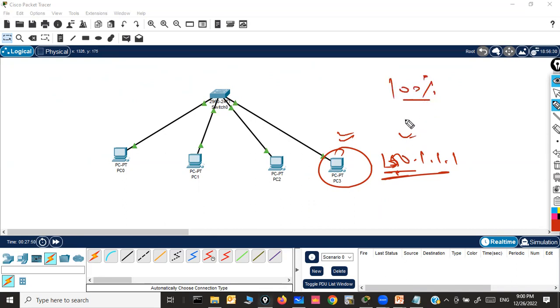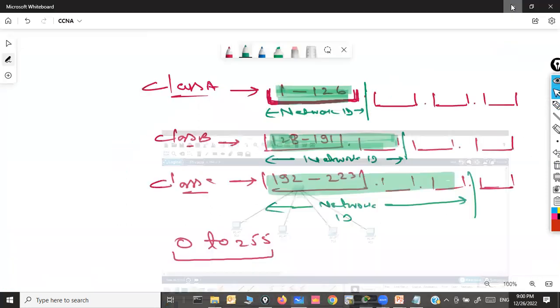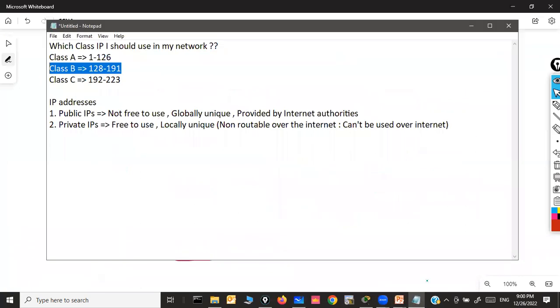It's better if I can be 100% sure that the IP address is not assigned anywhere. So for this, there is one internet-based organization known as IETF, the Internet Engineering Task Force, right?